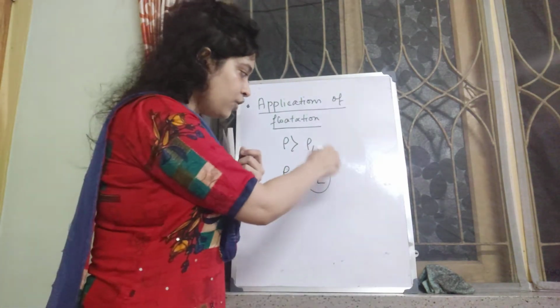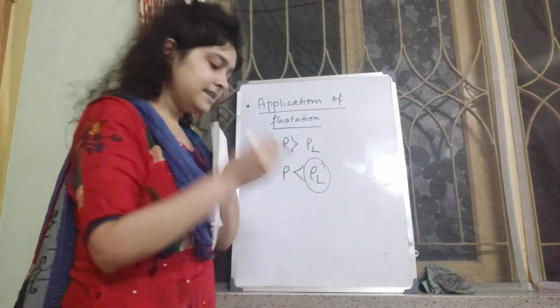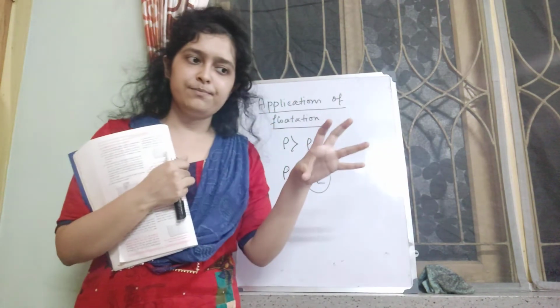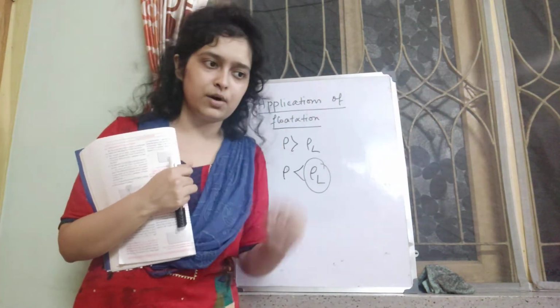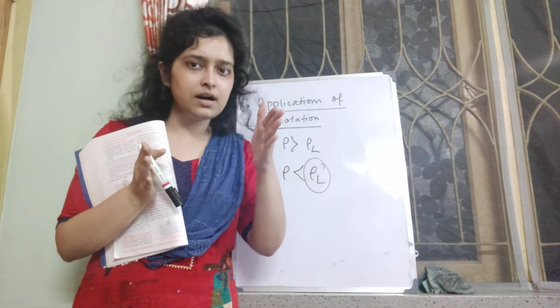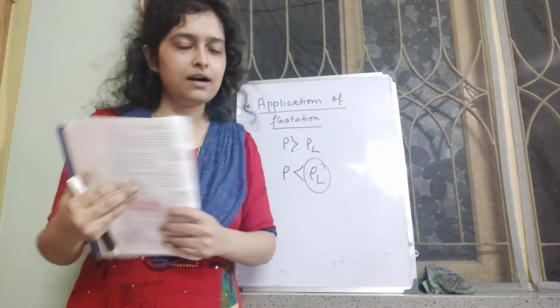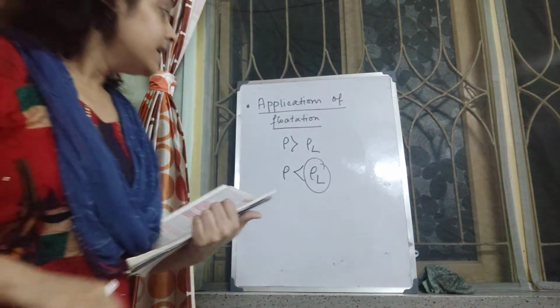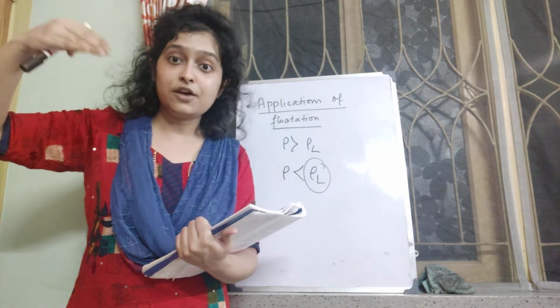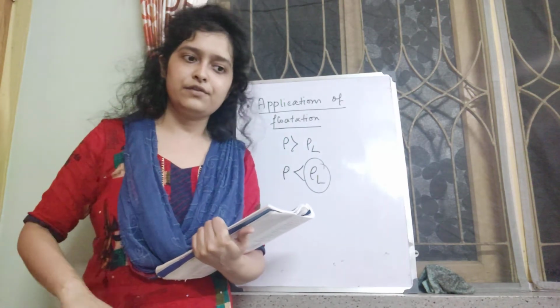Comparatively, the density of the ship, which was initially floating in the seawater, is getting greater than the density of the river water, because the density of river water is less than that of seawater.